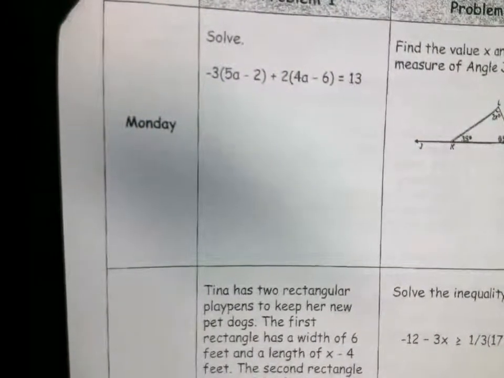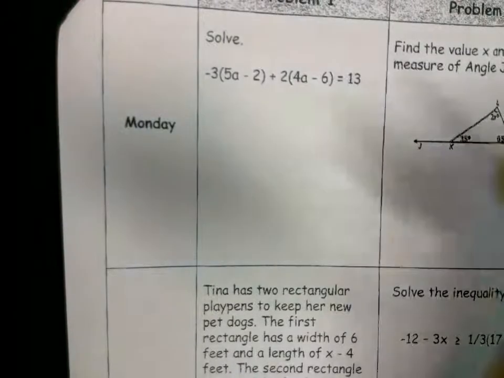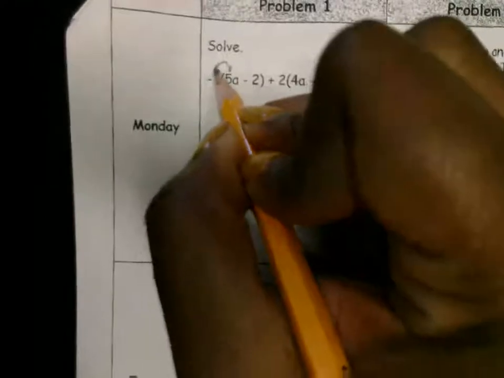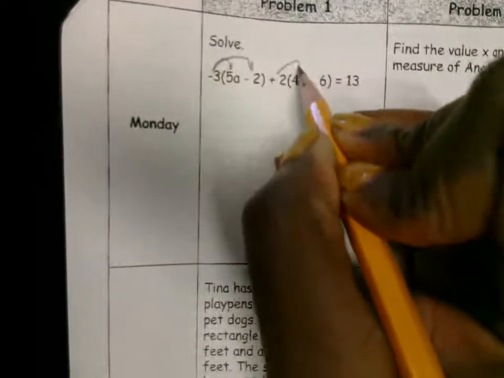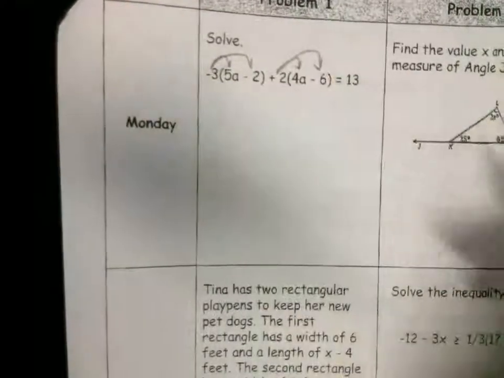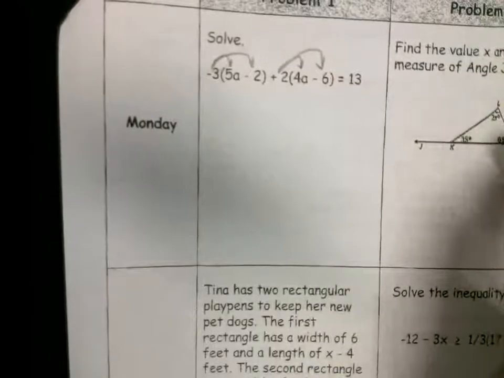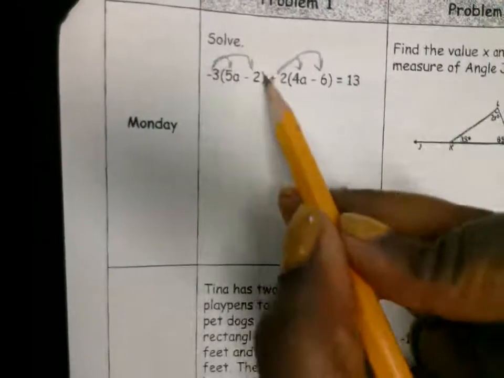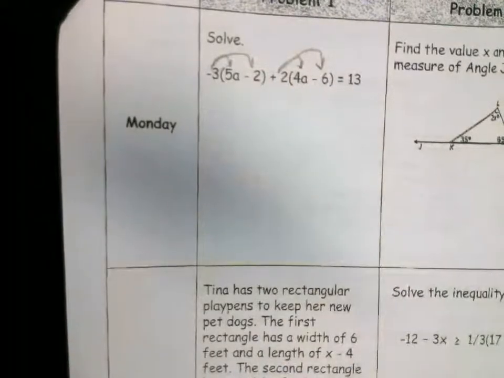Isaac, all right, distributive property. Draw the arrows to indicate that you are going to multiply this number times the numbers that are in the parentheses.